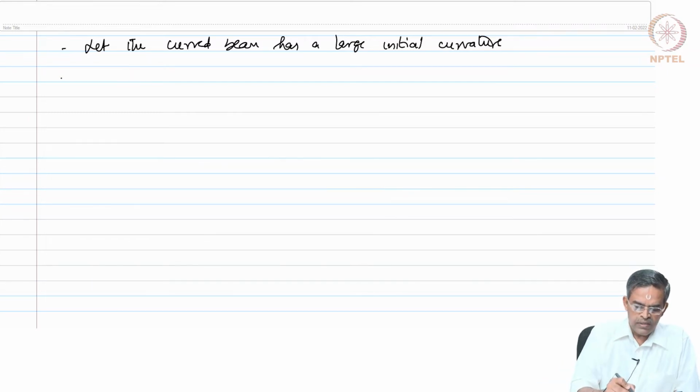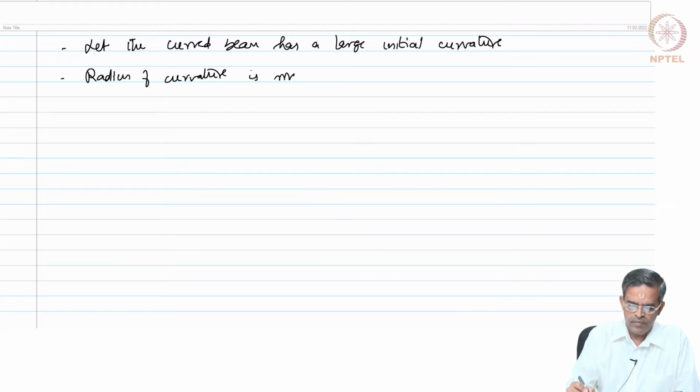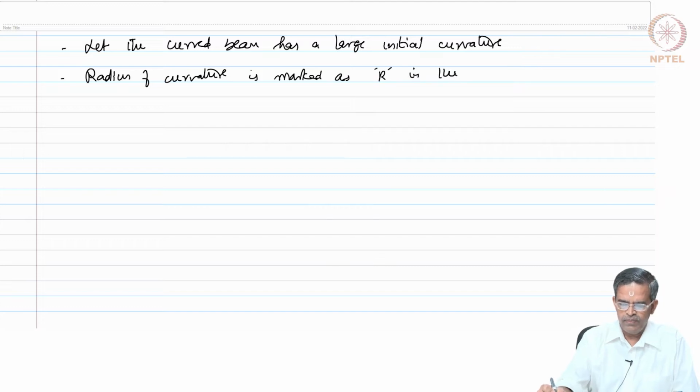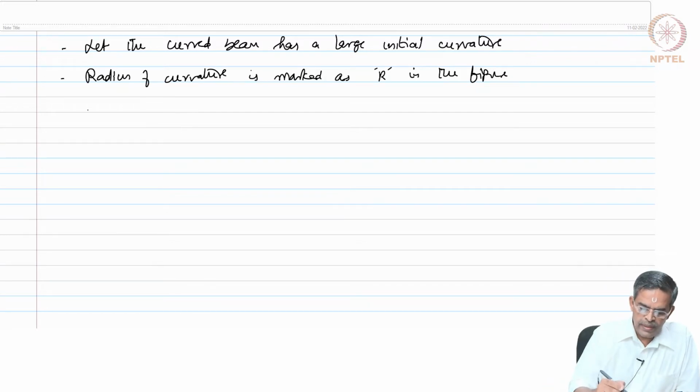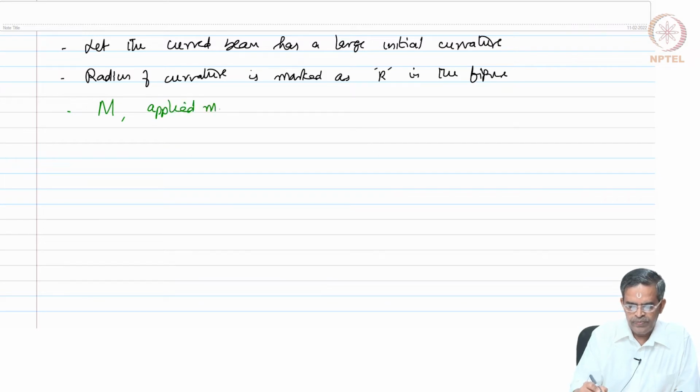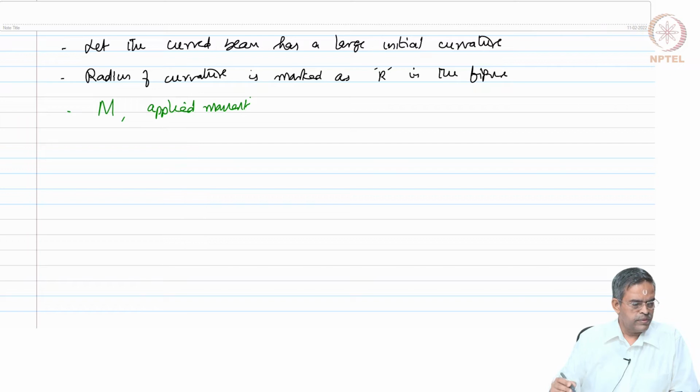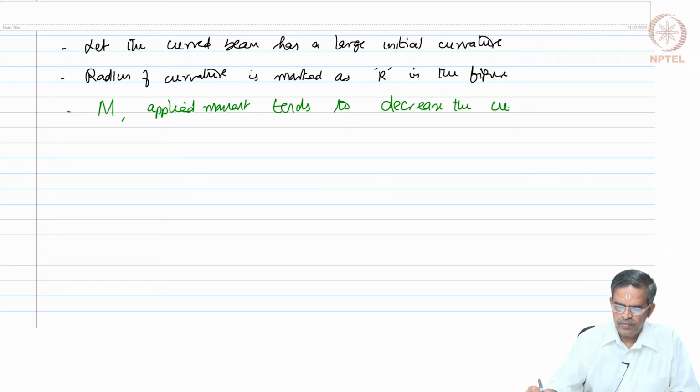The radius of curvature is indicated as R. In the figure, where M, the applied moment, tends to decrease the curvature. Okay.